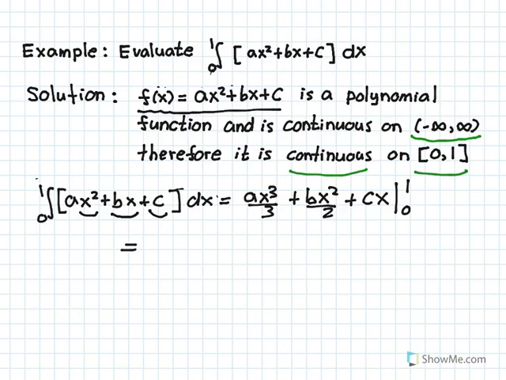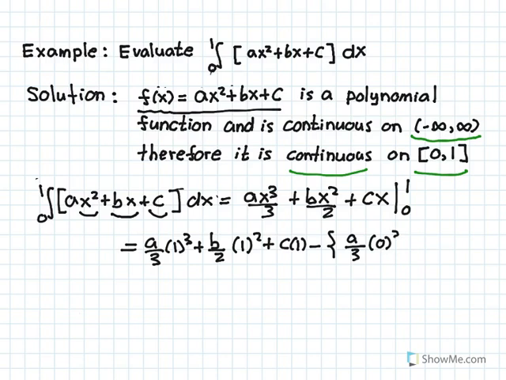Let's plug in 1. We get a over 3 times 1 cubed plus b over 2 times 1 squared plus c times 1, minus, now plug in 0, a over 3 times 0 cubed plus b over 2 times 0 squared plus c times 0. If we simplify this, we simply get a over 3 plus b over 2 plus c.